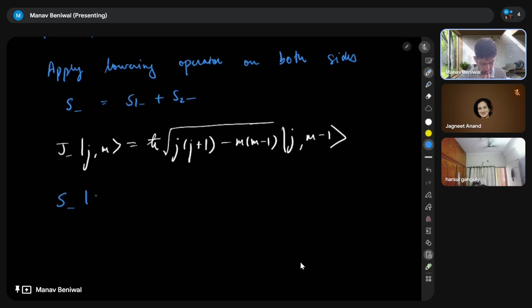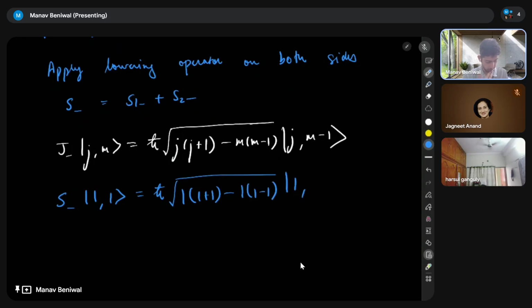S minus on 1 comma 1 will give me h-bar times the square root of j(j+1) minus m(m minus 1), where j is 1 and m is 1, and this will be 1 comma 0. So this will be 1 plus 1 is 2, minus 0.